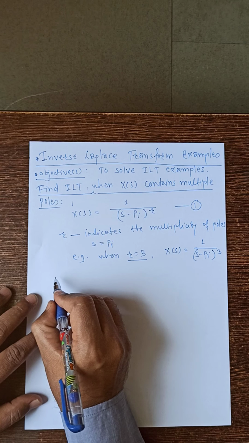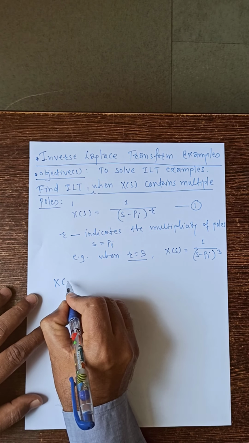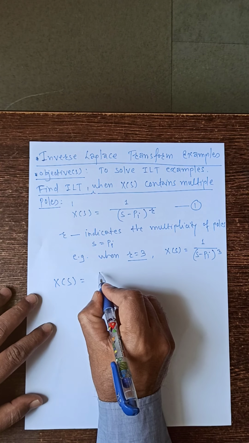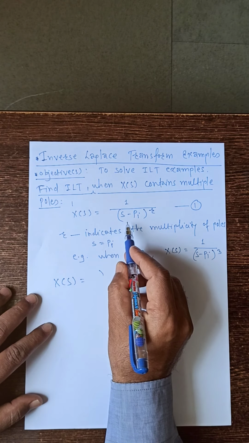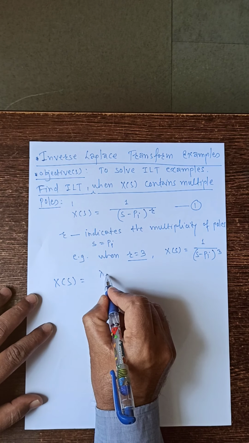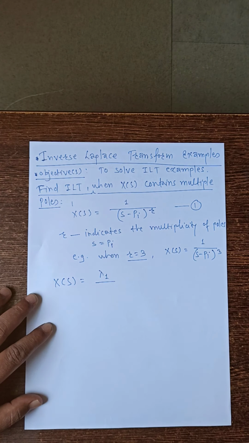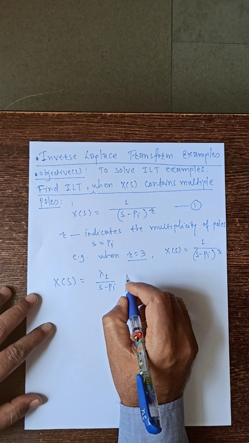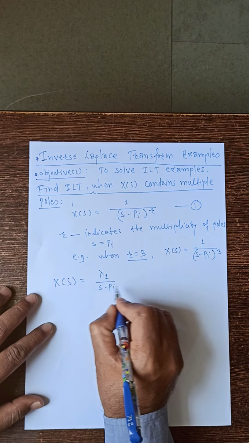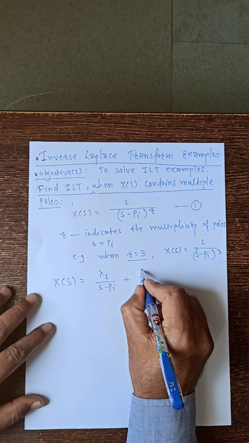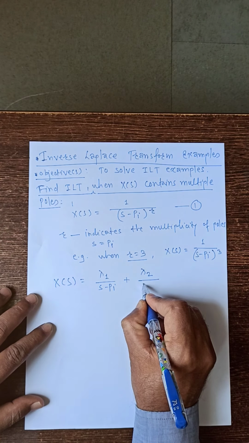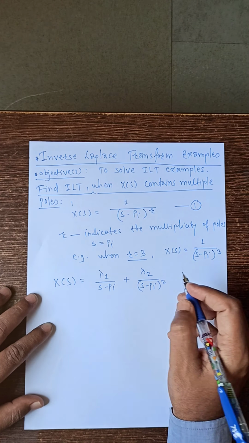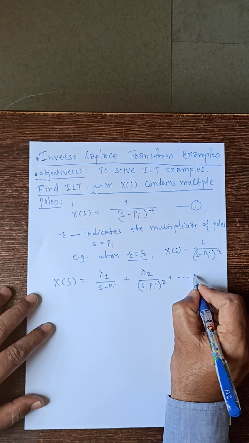This X(s) can be represented using the PFE method, that is the partial fraction expansion method. X(s) equals, so the first pole is at s equals pi. Suppose the first constant is lambda 1 over (s minus pi) raised to 1, plus the second constant lambda 2 over (s minus pi) squared, then lambda 3 over (s minus pi) cube, and so on.